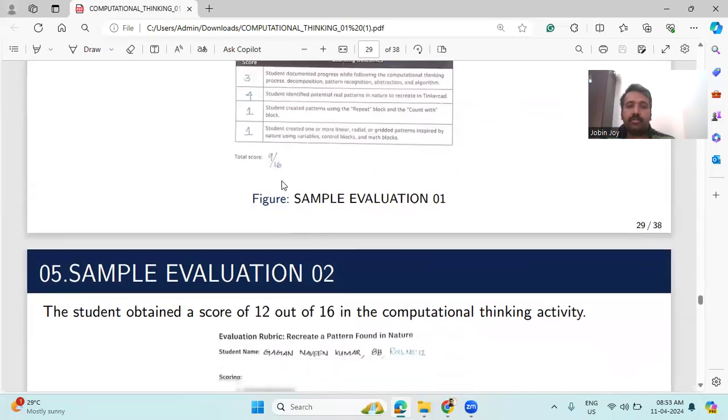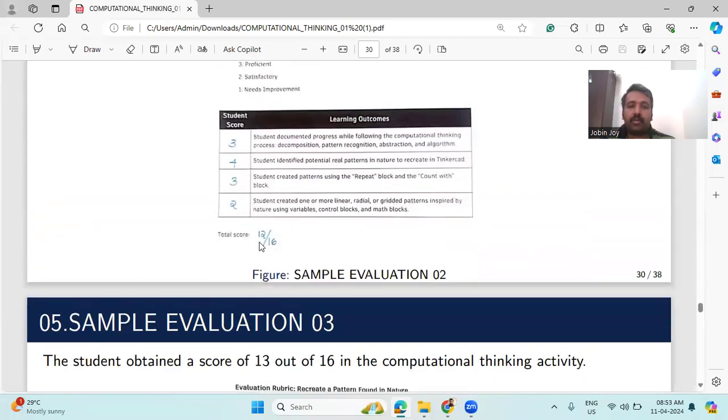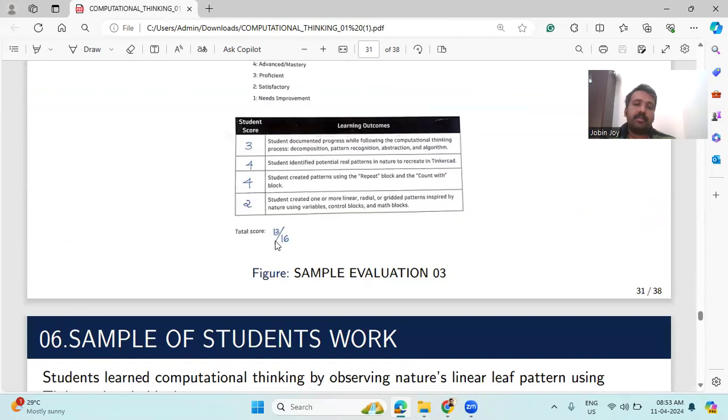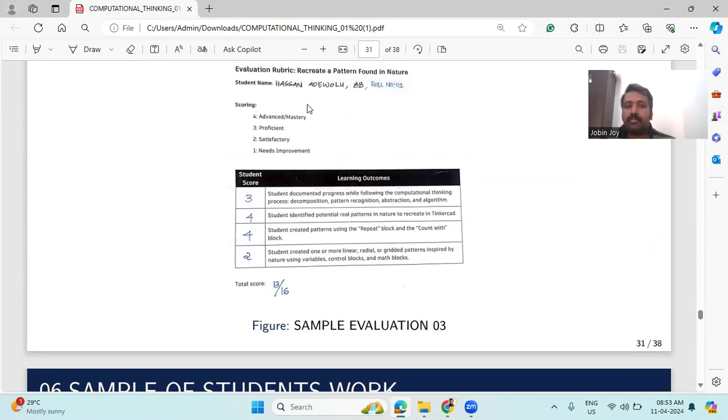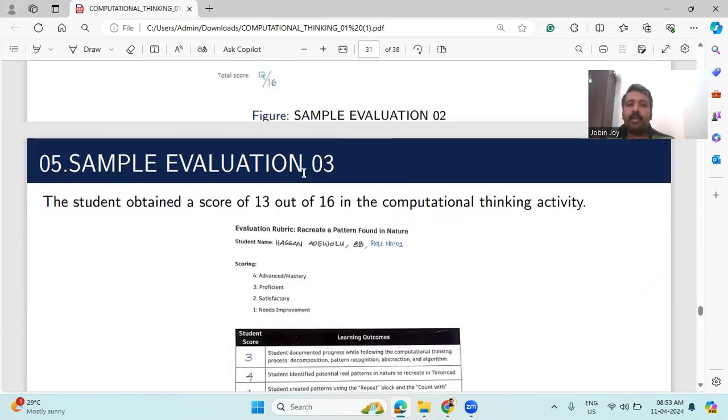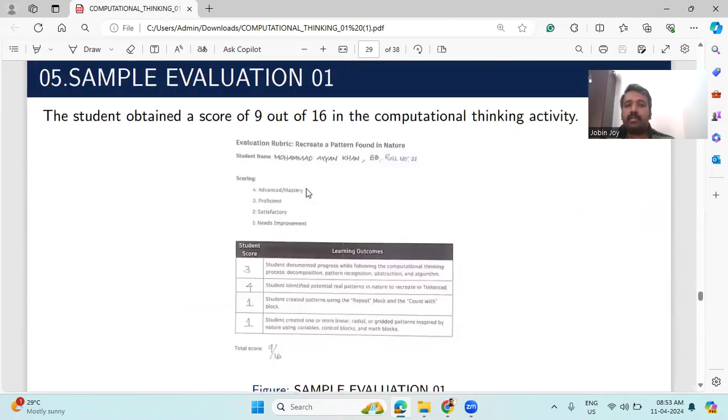So this student scored 9 out of 16, this student scored 12 out of 16, and this student scored 13 out of 16. Out of these three students, this student is a good computational thinker, and this student is not that much related to the concept of computational thinking.